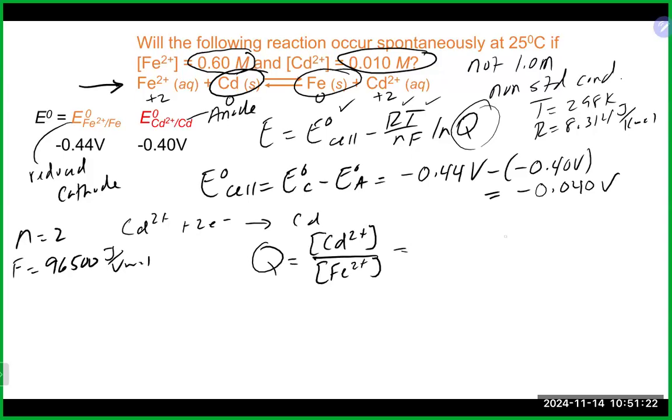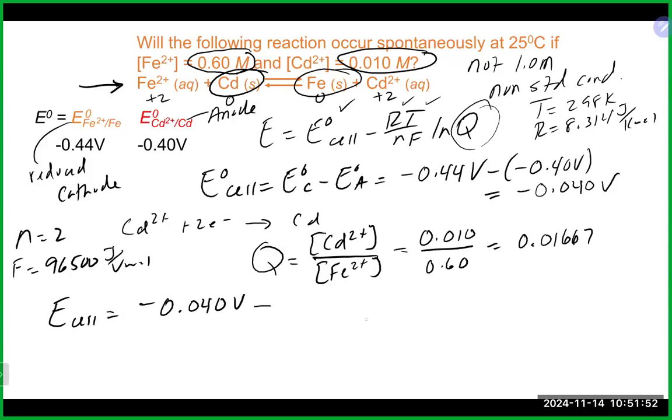So popping in our numbers there for cadmium, 0.01 divided by 0.6, and that's going to get us 0.01667. At this point, I think we got everything we need. So our E here is going to be our negative 0.04 volts minus our R, which is 8.314.